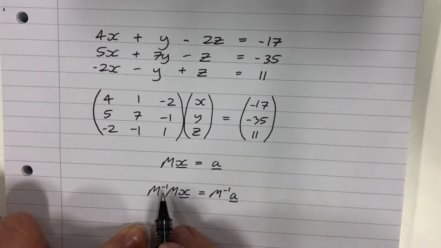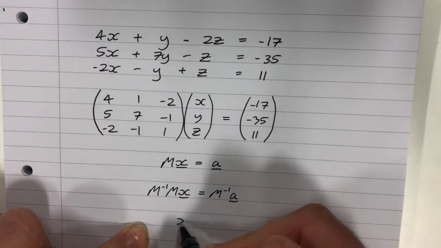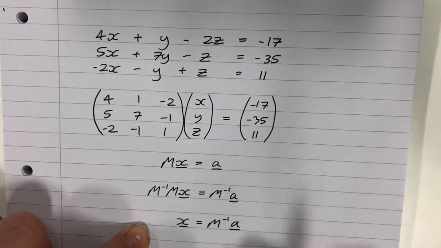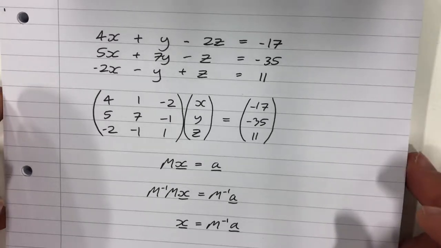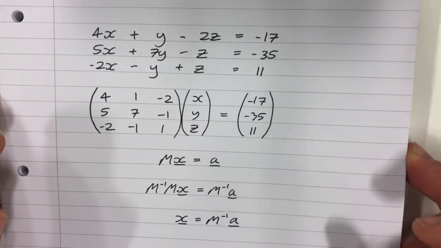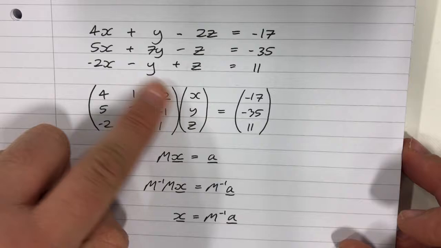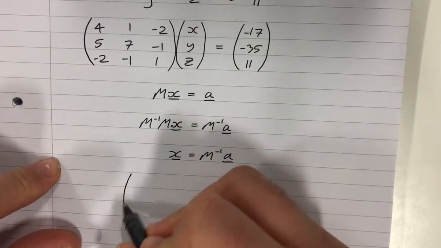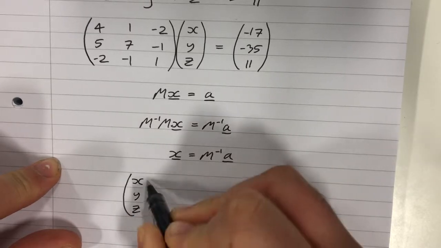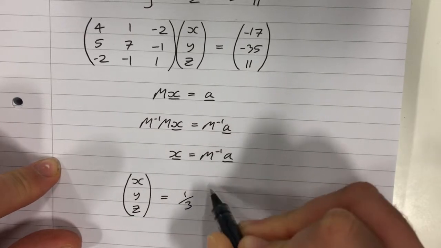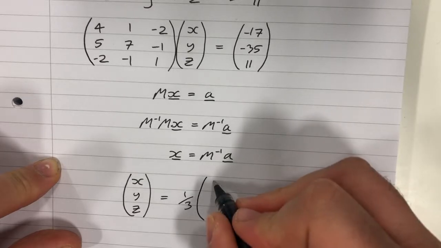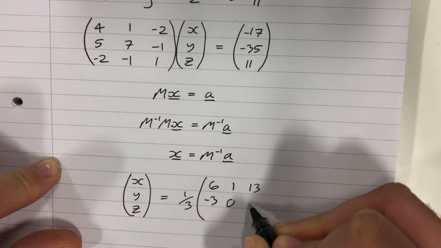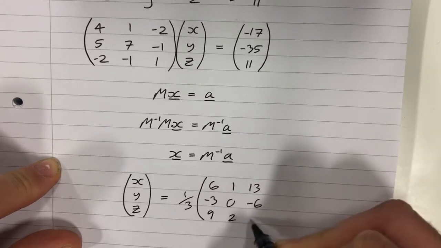And M to the minus 1 times M, they just cancel each other out. So I'm left with x, my unknown vector, is equal to the inverse of M times a. And that applies to 2 dimensions as well, so you would have looked at that in first year. So we just need to calculate the inverse of this 3 by 3 matrix. If you look at my previous video, I've already done that. So we've got x, y, z is equal to a third into 6, 1, 13, minus 3, 0, minus 6, 9, 2, 23.